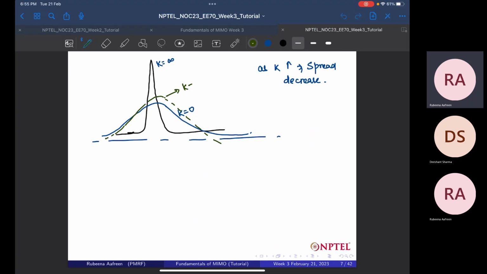This is k1, and this is k2. What do you think? Is k1 greater than k2 or k2 greater than k1? Tell me.